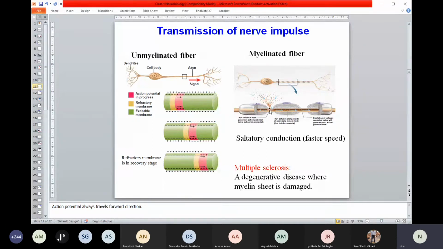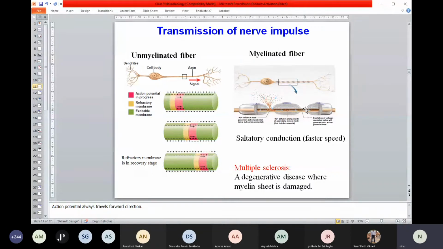So in this case, you can think about how the action potential travels. All those channels are present only in these areas, only at the node of Ranvier. Suppose an action potential is generated here, and then it has to go next to here. The sodium ion, the high level of sodium inside the cell, once it reaches another node, will gradually dilute. But this will be enough to cause the threshold potential.